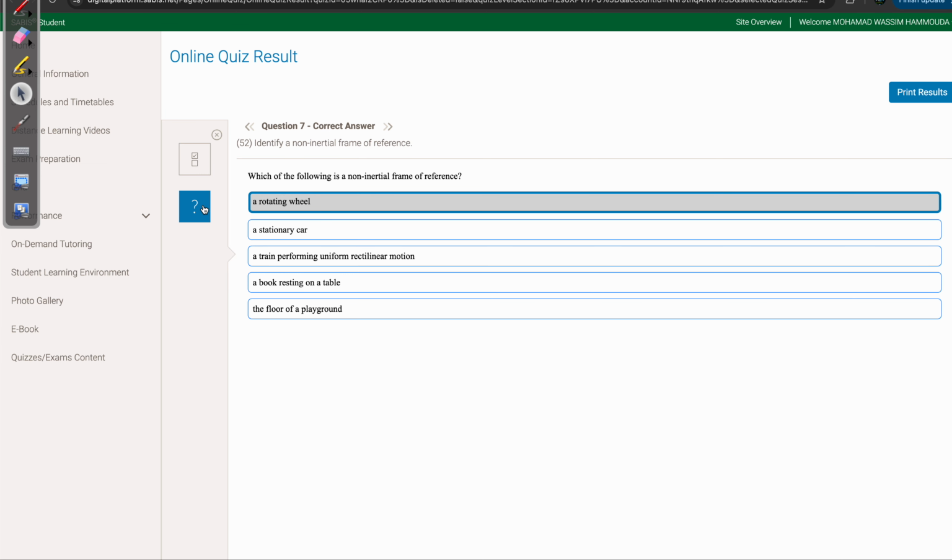That's for non-inertial, and it's the other way around for inertial. So basically the only one that's moving, or accelerating. Stationary means it's at rest. Uniform rectilinear motion means there is no acceleration. Resting means there is no acceleration. The floor, come on, it doesn't move. There is only the rotating wheel which is accelerating. Number 8.